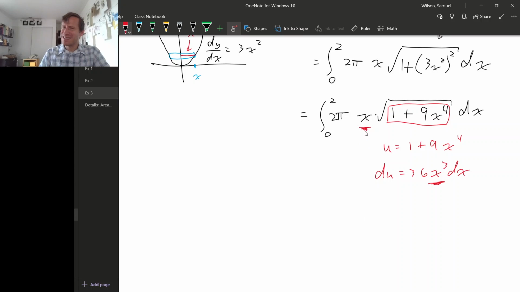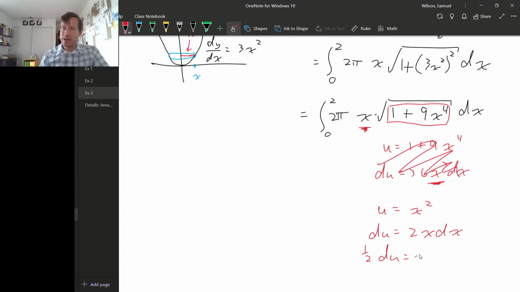Since we just have x here, maybe du should just have x in it, in which case u should just be x squared. So maybe we should try u equals x squared, then du would be 2x dx. So this looks a little more promising. Move that 2 over, so 1/2 du equals x dx.